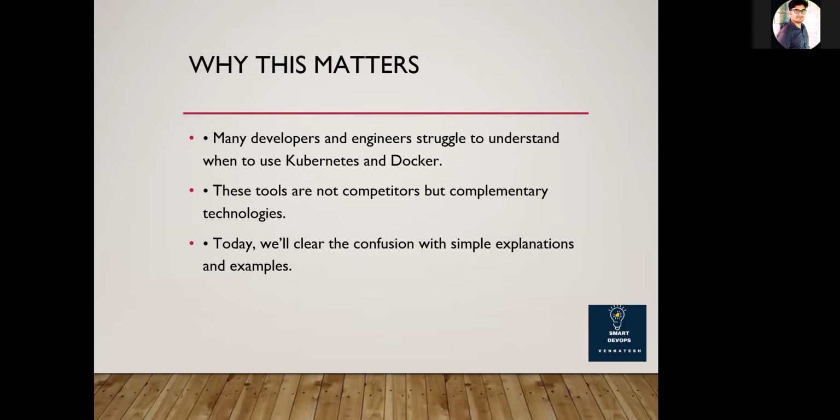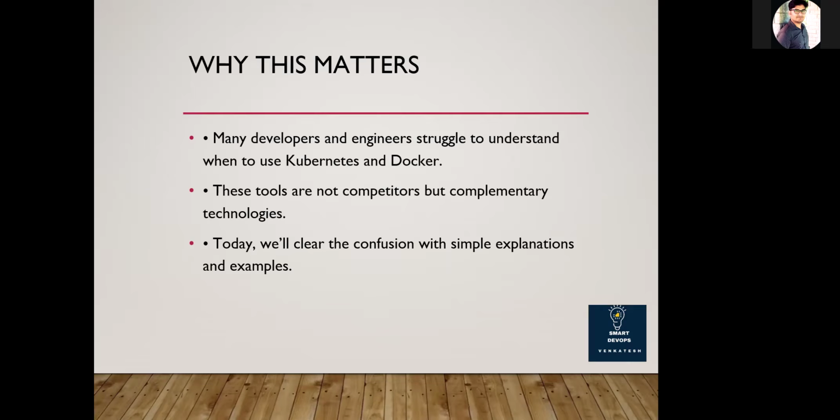The answer is that modern applications have become more complex, requiring portability, scalability, and at the same time efficient resource utilization. That's where Docker and Kubernetes come into the picture. Docker lets you build, ship, and manage applications.